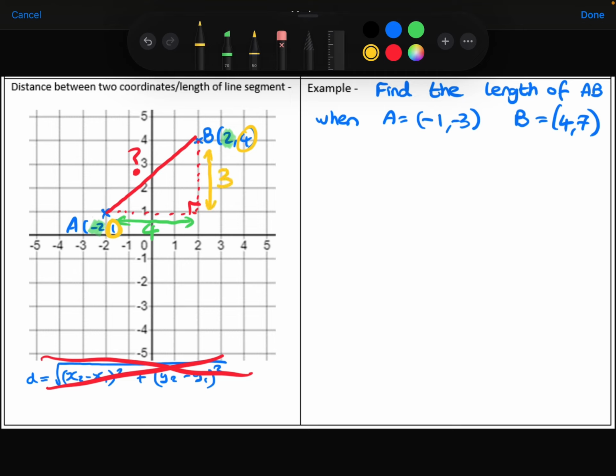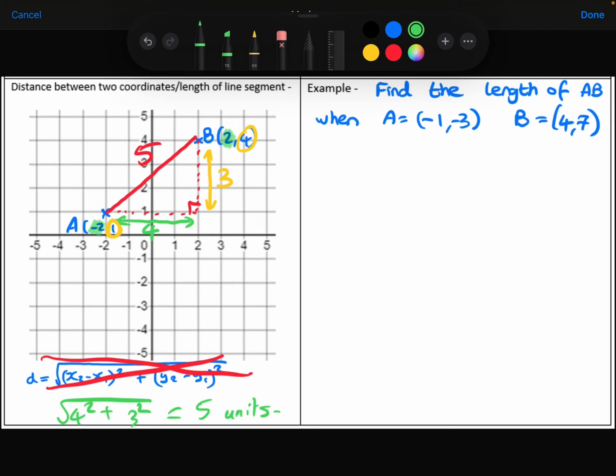And now a little bit of Pythagoras then. 4 squared plus 3 squared, all square rooted, is 5. So the length of that line segment is 5. We don't have any specified units like centimetres or metres, so I would just say that it's 5 units for now.